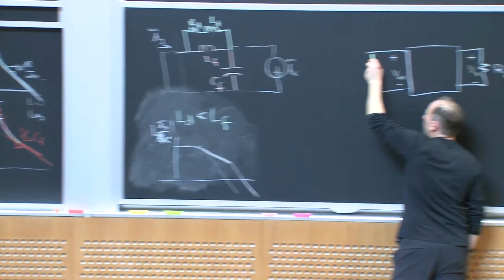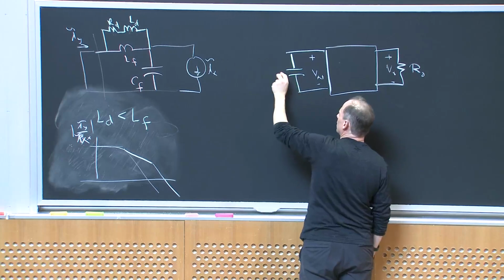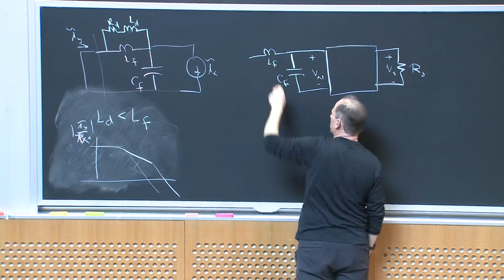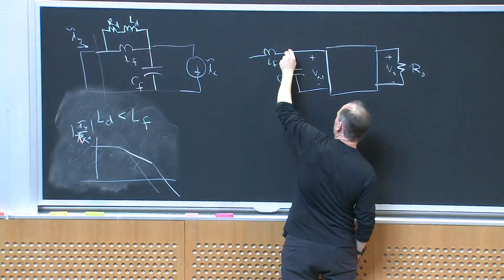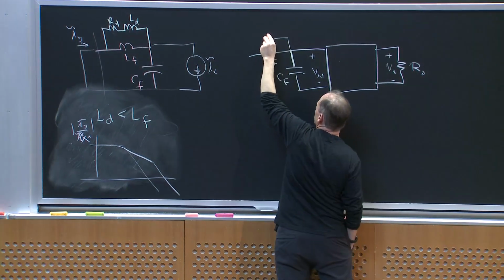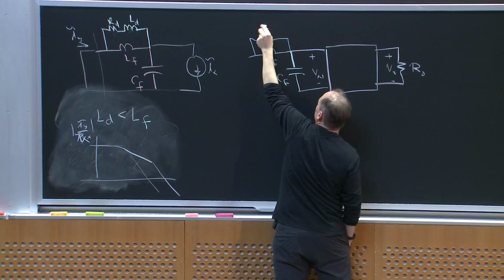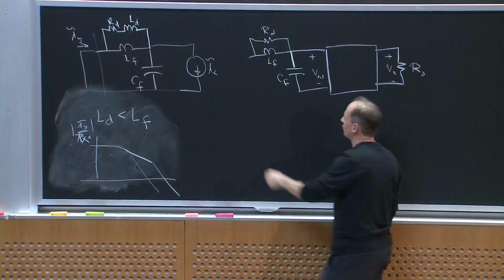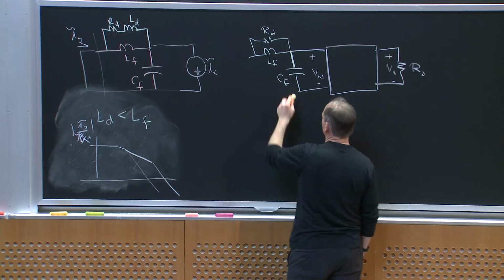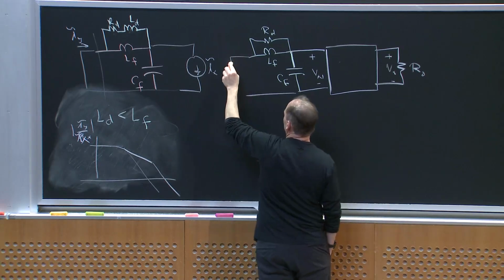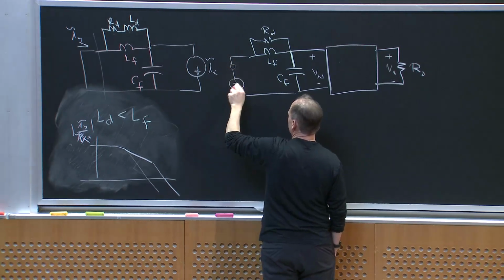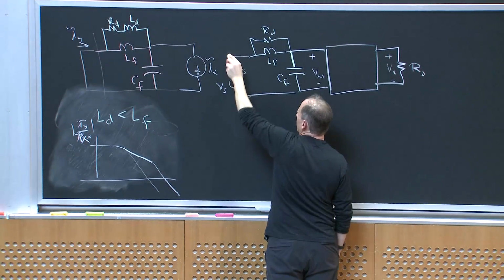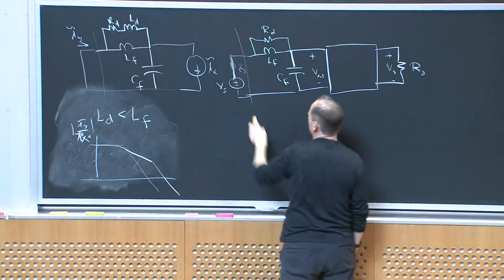Here's CF. Here's LF. I'm just going to use a simple resistive damping leg, RD, just for simplicity's sake. And now this is going to get connected to my power source, right? So here is Vn, or I'm going to call this Vs and Zs. But again, let me just consider the case where Zs is 0 for simplicity.